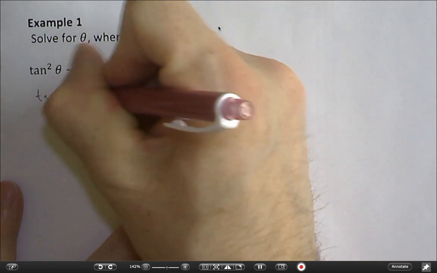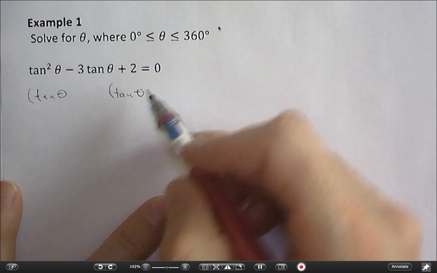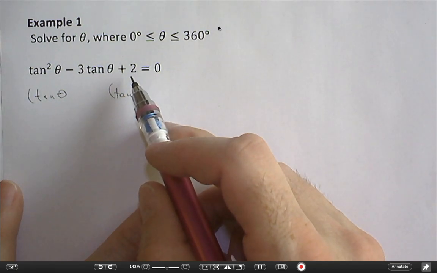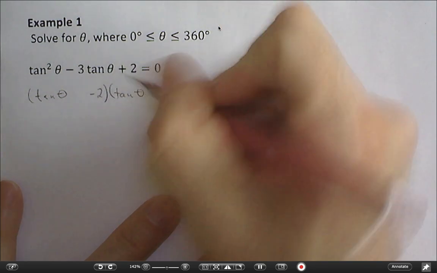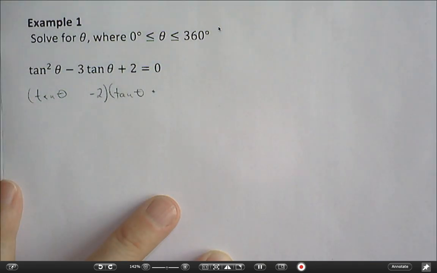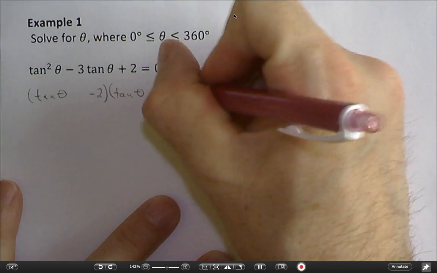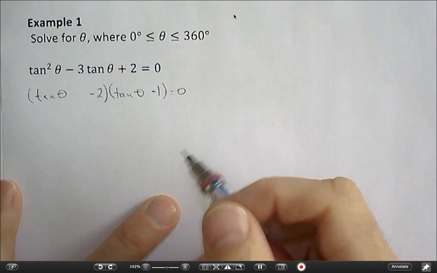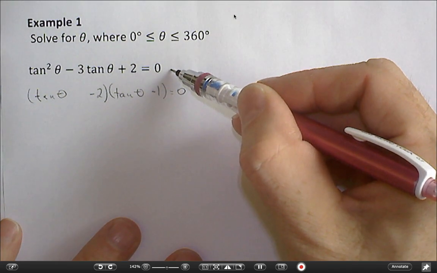Make sure that my tans have a theta beside them. Now what two numbers multiply to positive 2 but add to negative 3? That would be negative 2 and negative 1. So I factored this. I've made sure this was equal to 0.